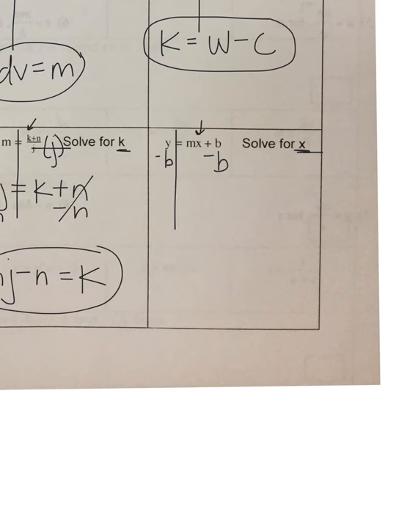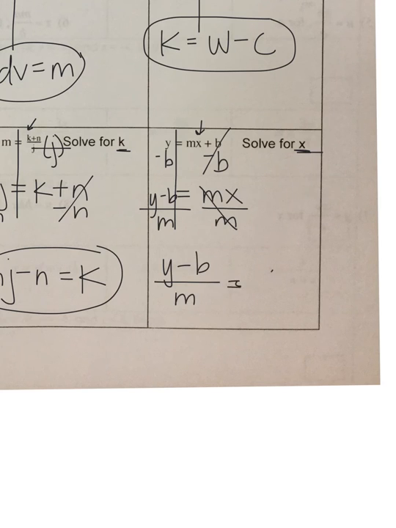Have to subtract b. Y minus b equals mx. All right. Now, to get rid of that m, to get that x alone, so y minus b, all of that divided by m, equals x. X is by himself. We are thrilled.